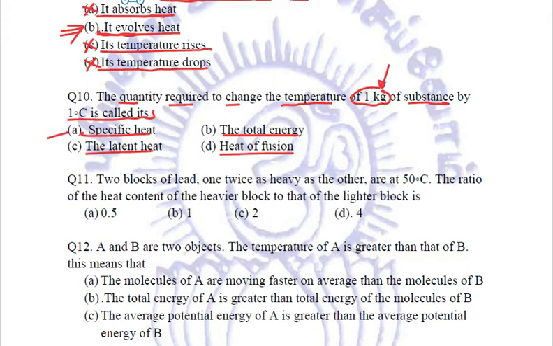This is its specific heat. Had it been the quantity of heat required to change the temperature of the whole substance by 1 degree Celsius, then in that case it would not have been specific heat. What it would have been? It would have been the thermal capacity. Right? So in this question, the answer is A. It is specific heat. Okay.